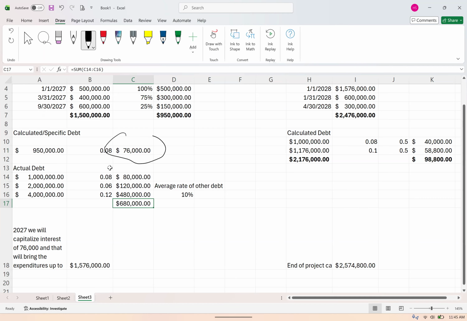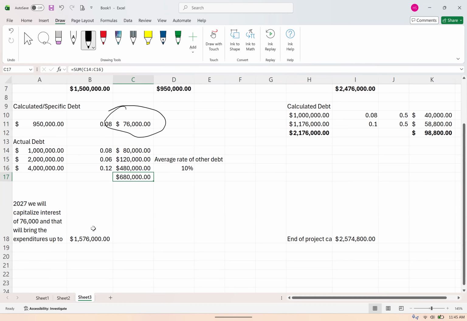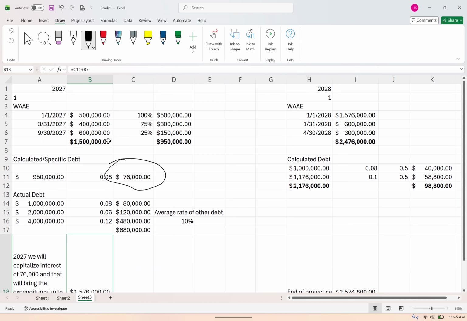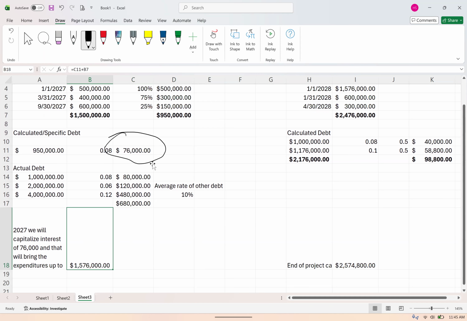I think I might be able to write on here. There we go. So we're going to pick the lower one. Okay. So then we come down here at the end of 2027 and we're going to capitalize $76,000 of interest. So we're going to take that, and I think I wrote a formula to add the 1.5 million to the 76,000. Okay, but you're like, whoa, wait a minute, you didn't use that number. Okay, 1.5 million is what we have outstanding at the end of the year.